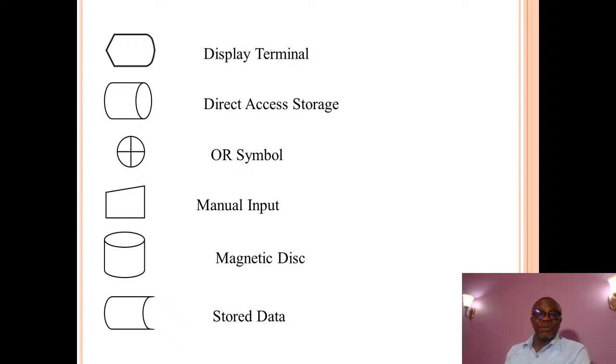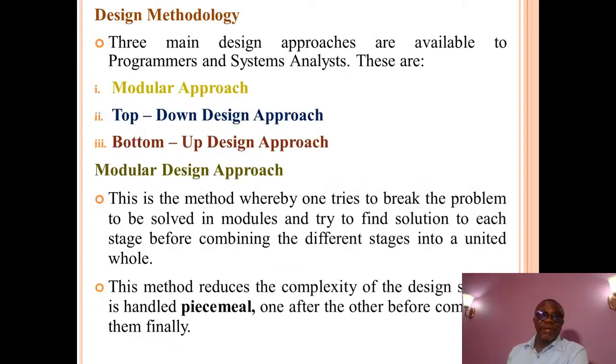So when you want to do the OR operation, that is the symbol you use. And of course, if you are using magnetic disk, you store data. In fact, these signs, if you are using Microsoft Word, if you go to the menu bar and click on shapes, it will give you all the flowchart symbols. There, you can learn more about that using your word processor.